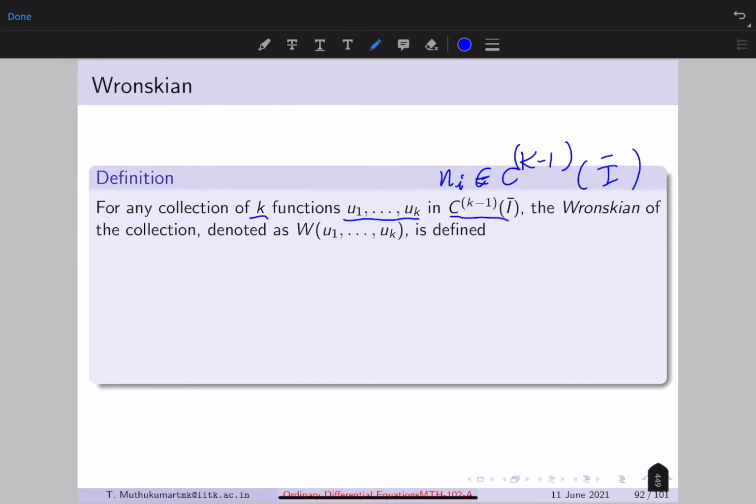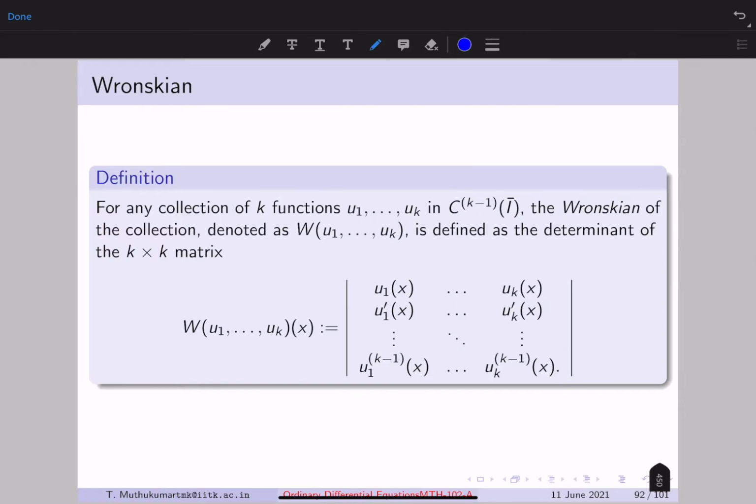Then the Wronskian of this collection, denoted as W of u1, u2, uk, is defined as the determinant of this matrix. So this is a k cross k matrix, if you notice. There are k rows.